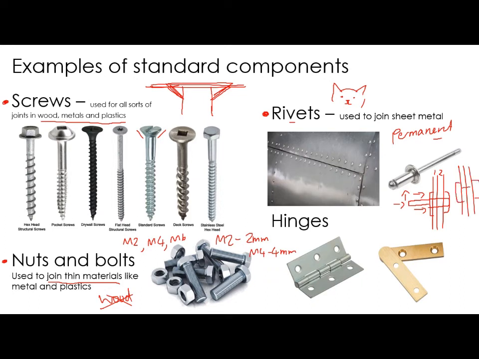So it has two ends that are squashed on either end, and basically the metal is squashed on either side, which stops it coming apart, and that's what riveting is. If you really don't understand that, have a look on YouTube for some rivet demonstrations.